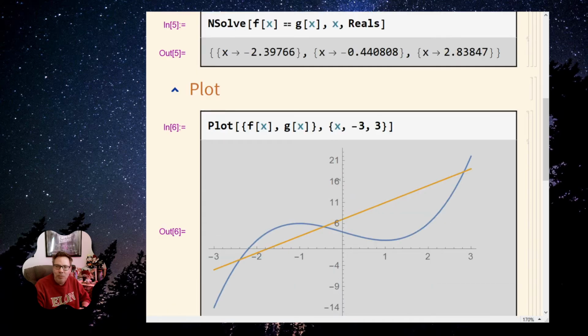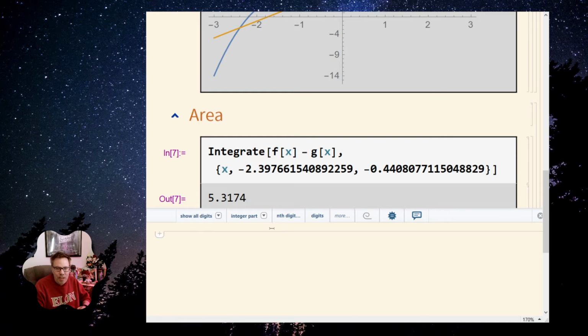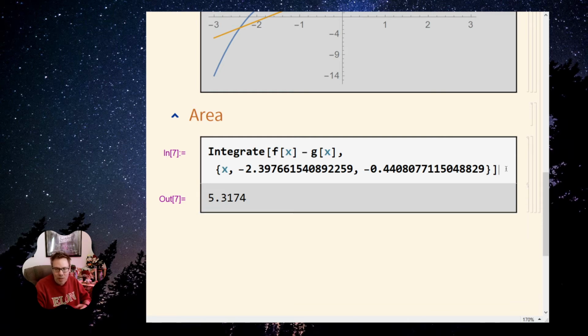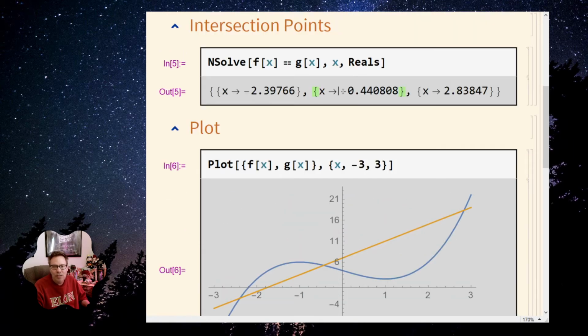Now I need the second region. Well, the second region is going to be the linear curve, which is g, minus f, which is the cubic function. For that one, I'm going to do it right below this. I'm going to integrate again, but this time g of x minus f of x. And my x is going to go from, well, let's just recopy this, just to make sure.